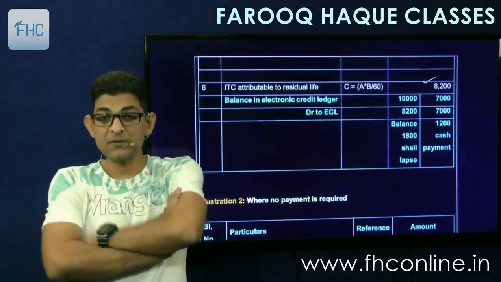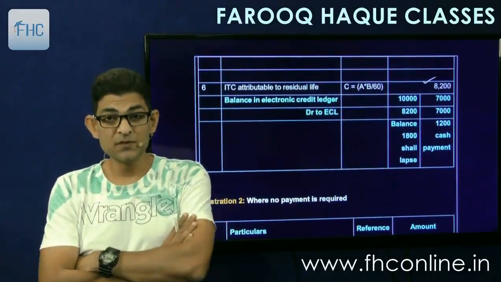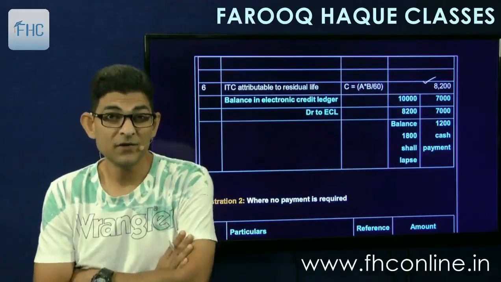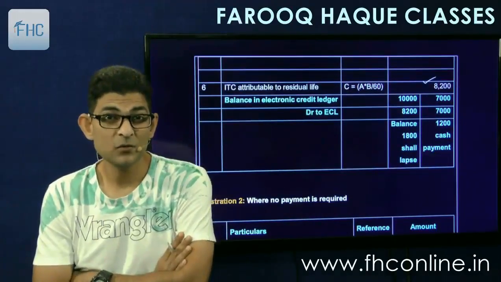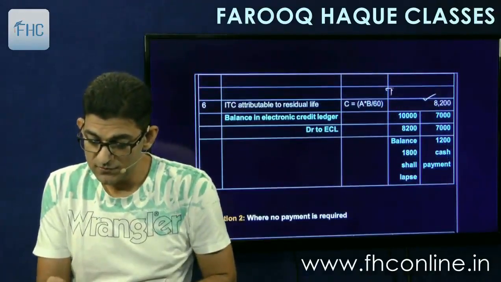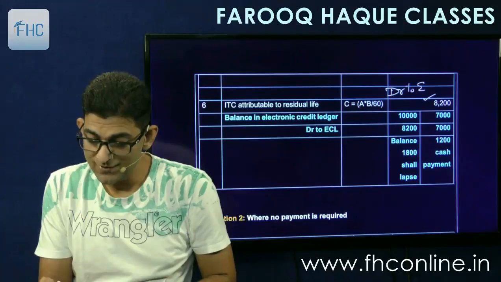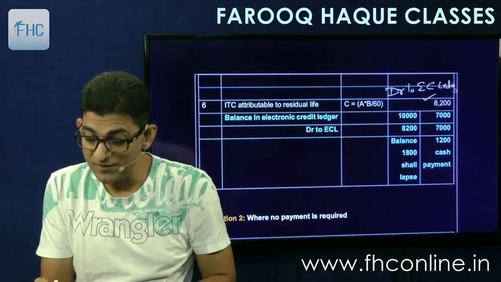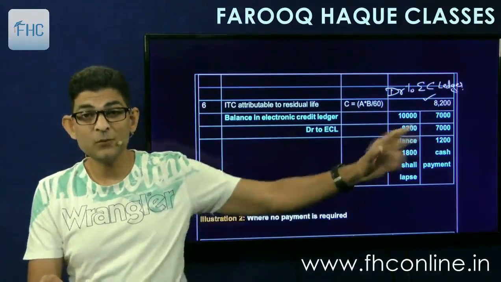Then there are two examples given there. Now what I have to do is I have to reverse this. So reversal means you have to debit it to electronic credit ledger. So this is debited to electronic credit ledger provided there is balance there. So therefore we have taken two examples.